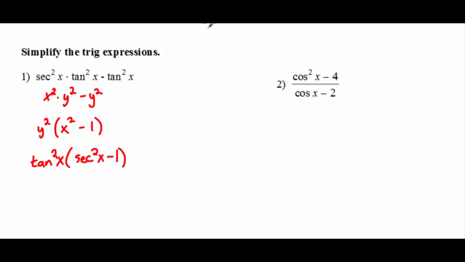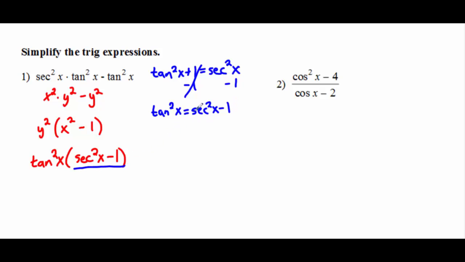And then I would look at my identity paper, and I would say, okay, on the Pythagorean identities, there's an identity that says tangent squared x plus 1 equals secant squared. That's not what I have here, but if I just subtract the 1 over to this other side, then I would have tangent squared x equals secant squared x minus 1, and that is what I have right here, which means I can take secant squared x minus 1 and put tangent squared x there instead.